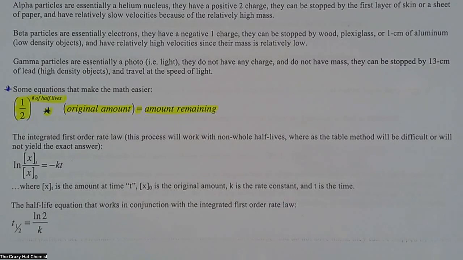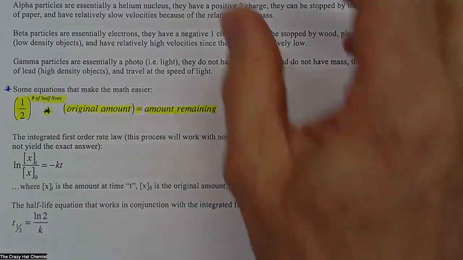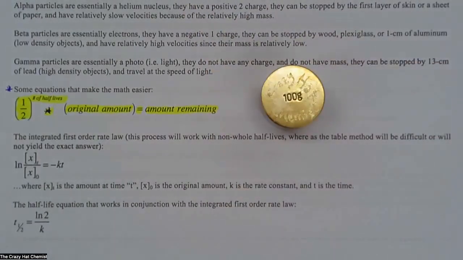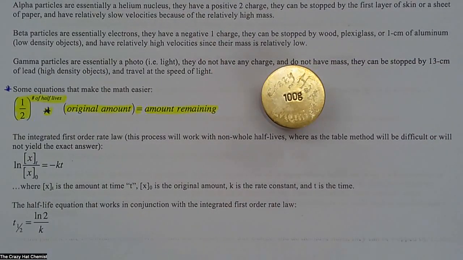Really important equation. Now, depending on what math level you are in, you might find that another equation can be useful as well, and that equation is the integrated first-order rate law. This process works with non-whole half-lives, and it will work for other problems that are actually more difficult.